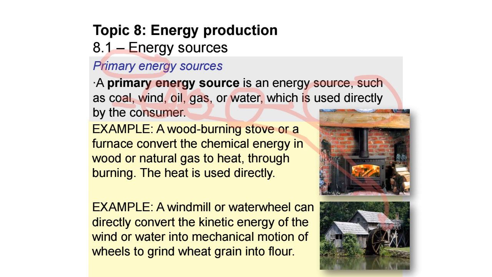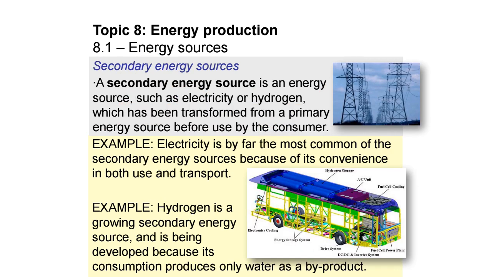And these are useful when we consider the alternative, which is a secondary energy source. What I mean by useful is it's a useful term to separate the two. A secondary energy source is an energy such as electricity, right? Electricity is the main example of a secondary energy source.